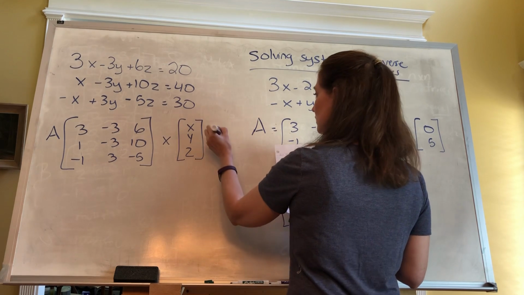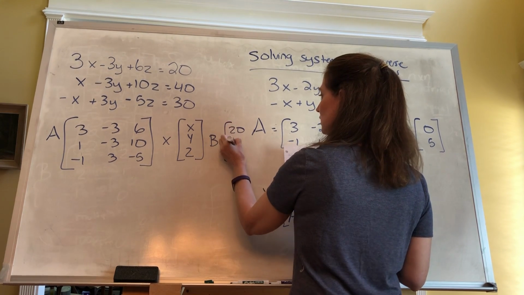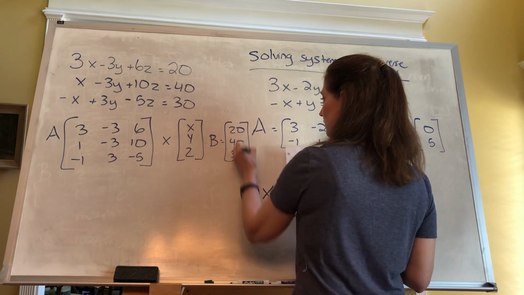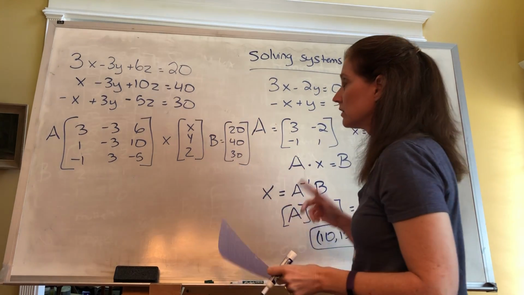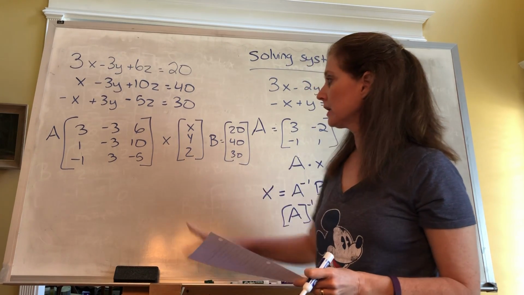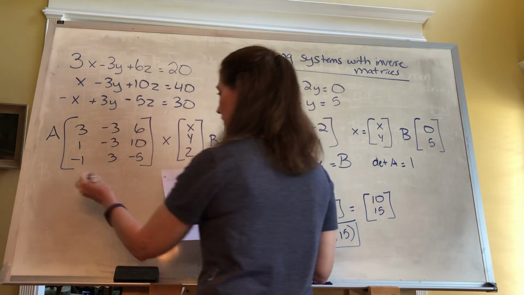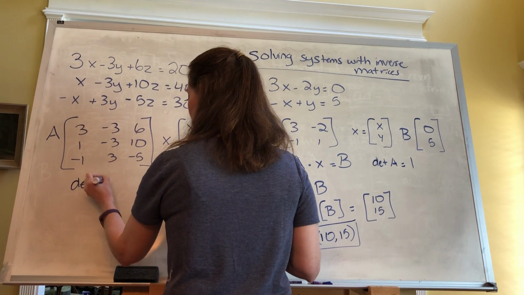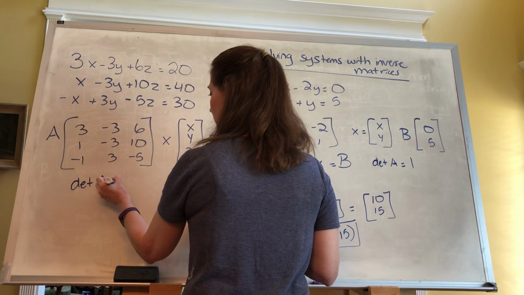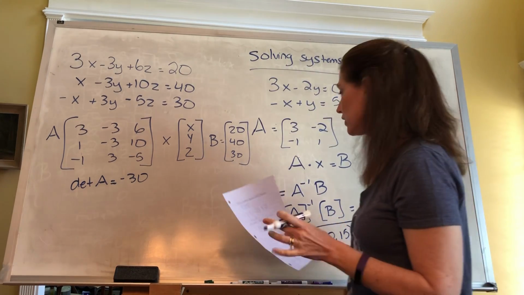And the solutions matrix is 20, 40, 30. Alright, so again, first we want to check the determinant of A and make sure that it exists so we know that the inverse does exist. Alright, so with the calculator, the determinant of A is negative 30, so we know that there is an inverse.